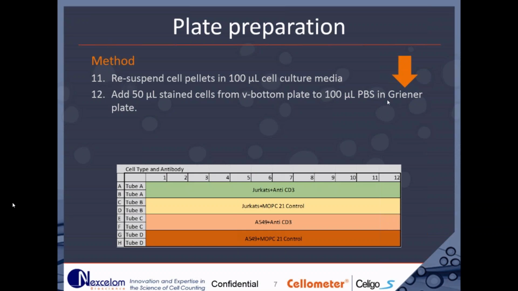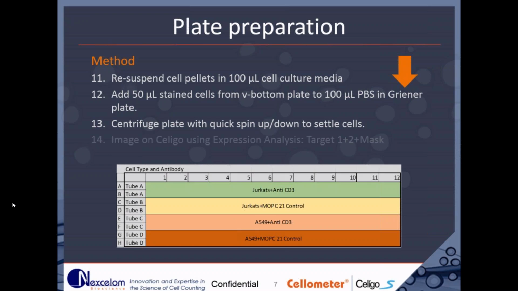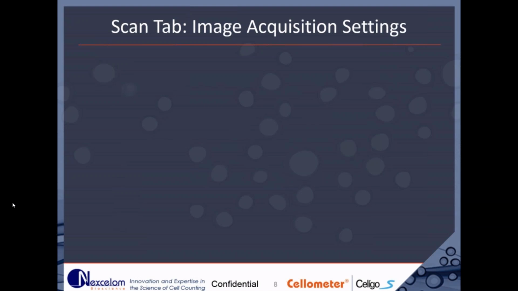So this is basically half the amount of cells from the V bottom plate now going into the flat bottom Greiner plate. You're going to quickly centrifuge the plates to settle the cells down. I typically move where the centrifuge goes up to like 1,000 RPM, then turn it off. And then you're going to image on the Celigo using expression analysis, target 1, 2, and mask.